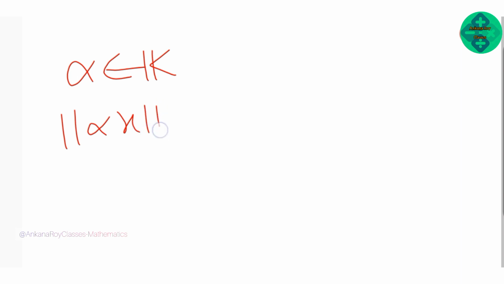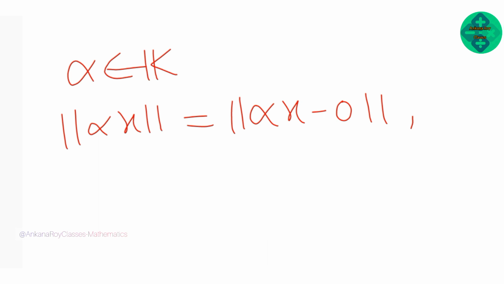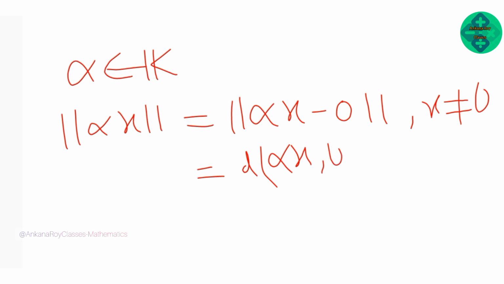Now take alpha belongs to K, that is the set of scalars. Norm alpha x is equal to norm alpha x minus 0. Here x is not equal to 0. This is equal to d of alpha x, 0.